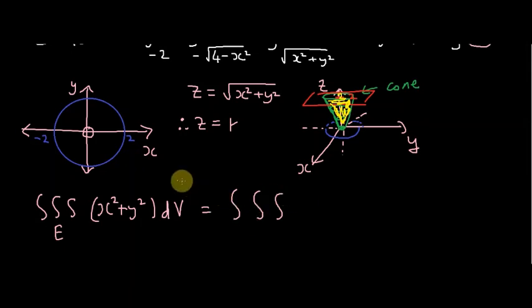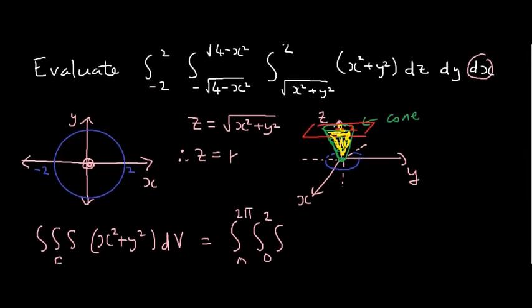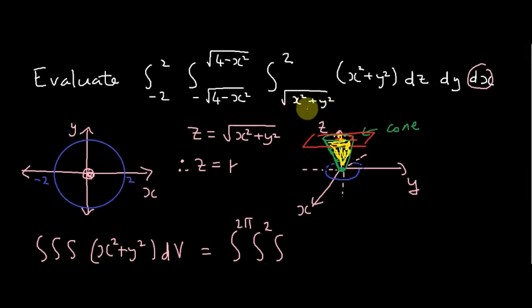I haven't written down the set E, which you should usually do, but theta obviously goes from 0 to 2 pi. Since we have a circle in the xy plane, r goes from 0 to 2. Now, z goes from the cone, which is r, to 2.